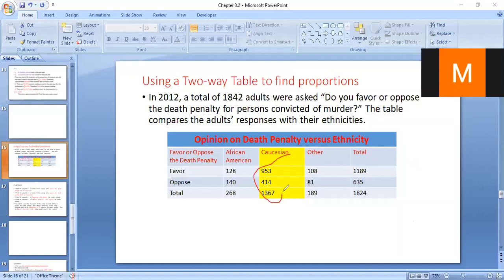Caucasian this one and opposing this one. So that's the common of this one, 440. You have 440 people who are opposing and Caucasian.